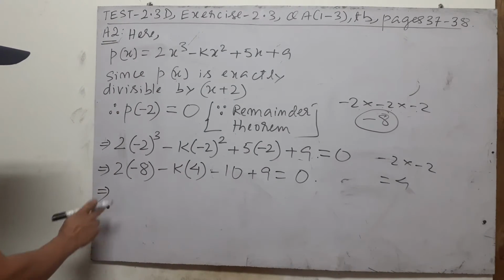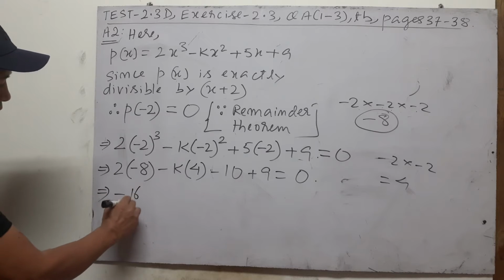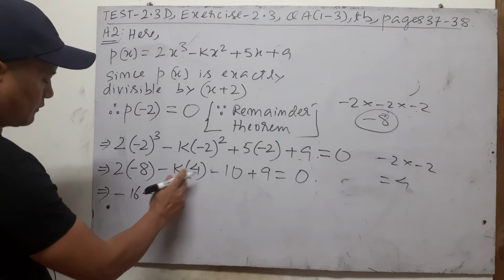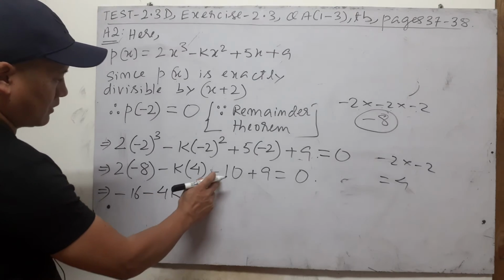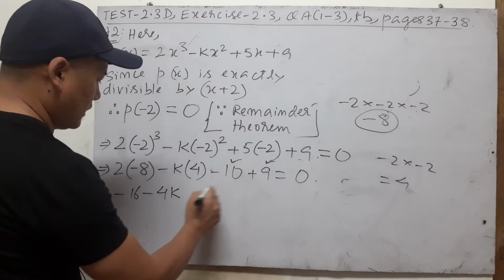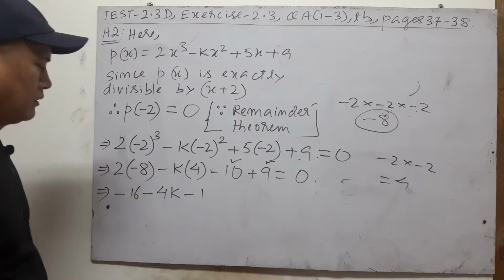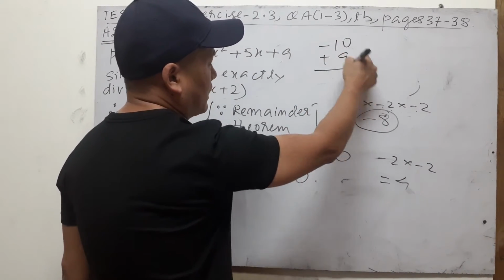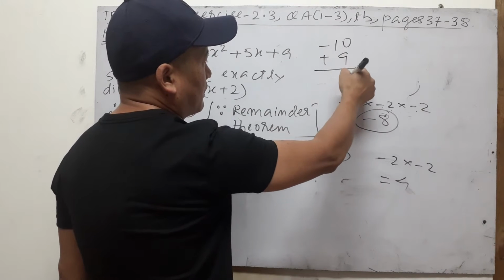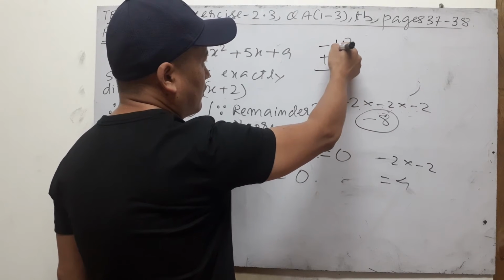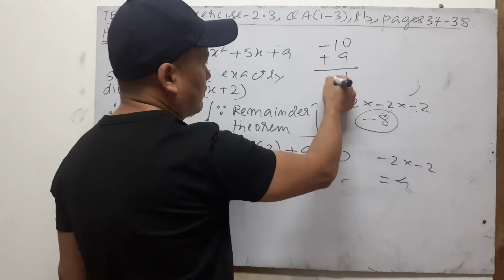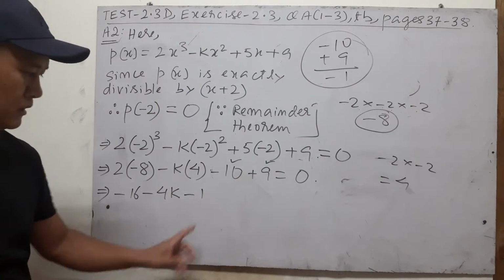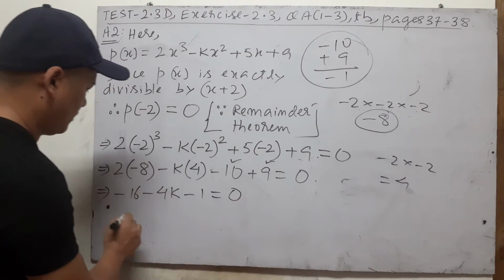So that gives you plus into minus, minus 16, 2 8s are 16. K into 4, minus k 4s are 4k, so you can write minus 4k. Minus 10 plus 9 is minus 1, since we subtract 10 minus 9, 1, and the bigger one has minus, so the result has minus. So I wrote minus 1 is equal to 0.